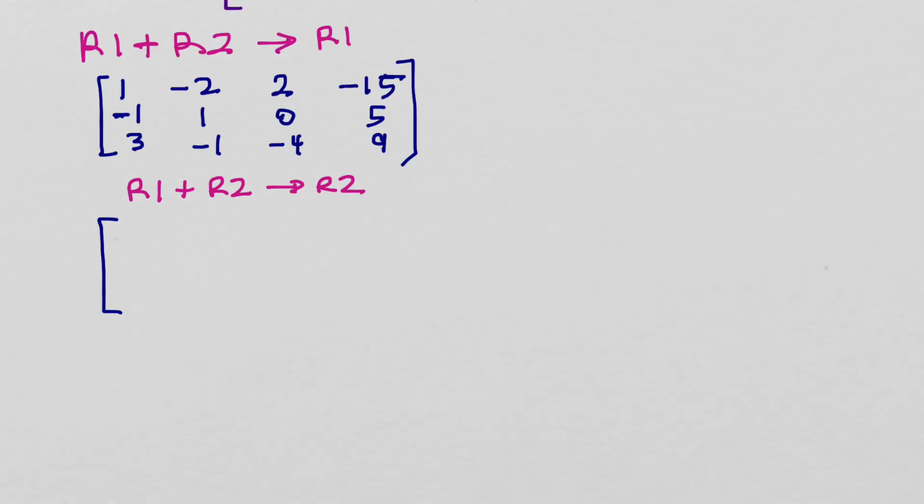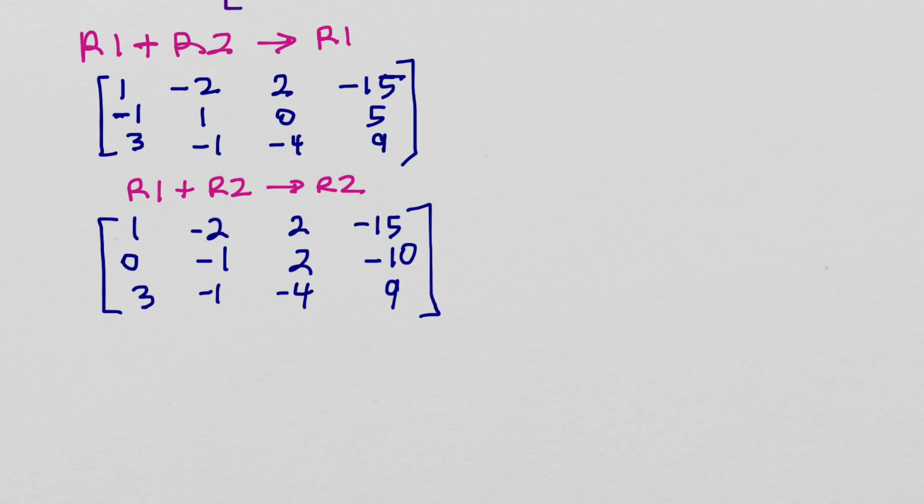So that's 1 plus -1 is 0. -2 plus 1 is -1. 2 plus 0 is 2. And -15 plus 5 is -10. And then put the other 2 back on.